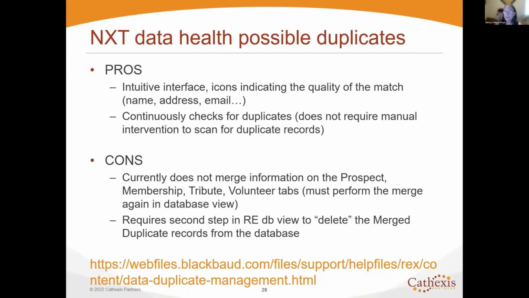You have to go back into database and actually delete the constituent records, which is a very scary thing for most people to do, a global delete on constituent records. But to remove them from your database and reduce your record count for the threshold for subscribers, that's something you want to do. And here's a link.